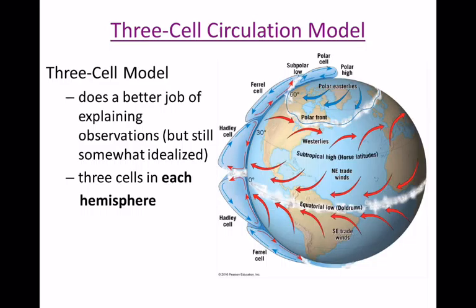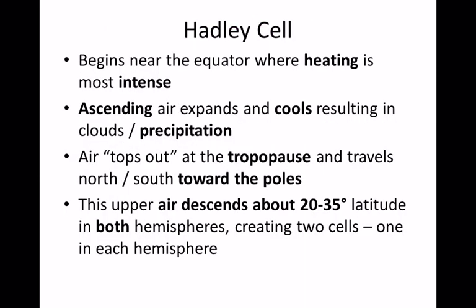Okay, so let's see what this looks like. I'm going to use the board as the surface, and to talk about upper winds, I'm going to come up from the board. So here we go. Our hot spot is usually around the equator. But like the video said, it's not always near the equator.